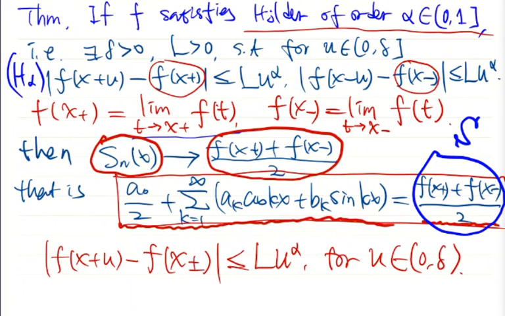Okay, so that proves this theorem. Now we have obtained this result about the convergence of Fourier series at the point x. This is very useful. Now we study some basic situations.